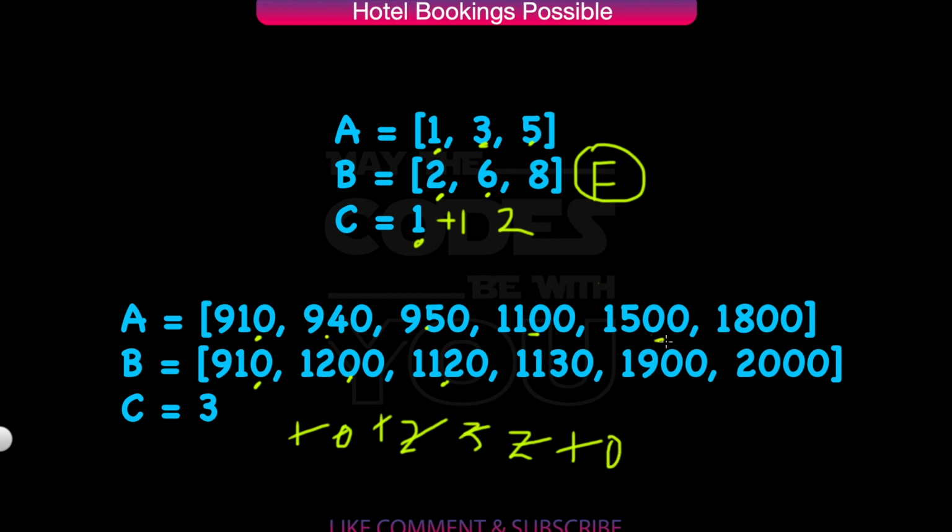Now we are at 15:00 and 19:00, so it becomes 1. Now 18:00, so it becomes 2. So 3 is our maximum needed and our capacity is 3, so it is true. Now let's look at our approach, how to solve this problem.